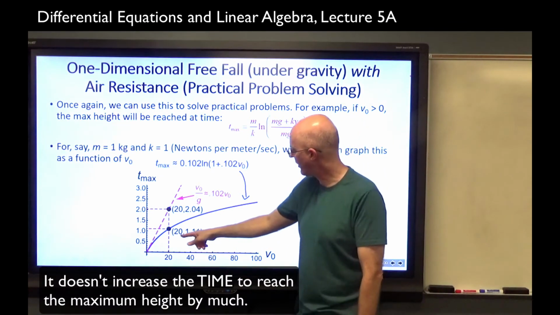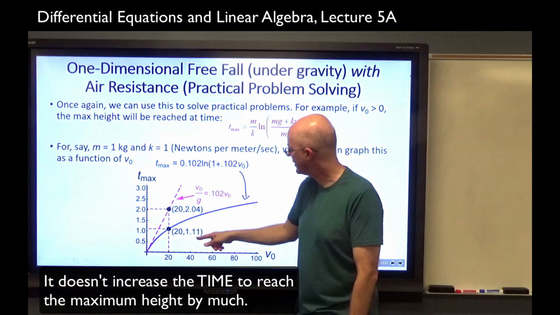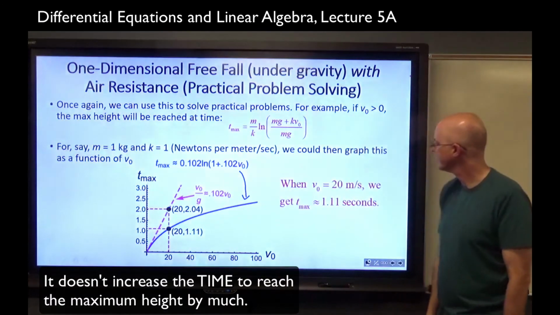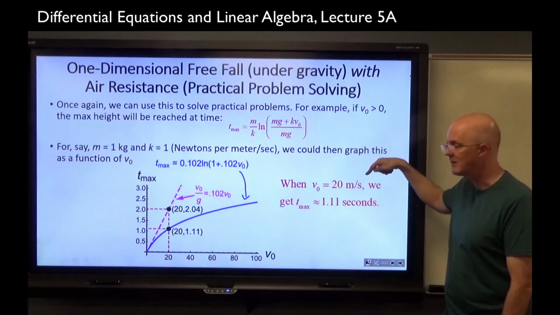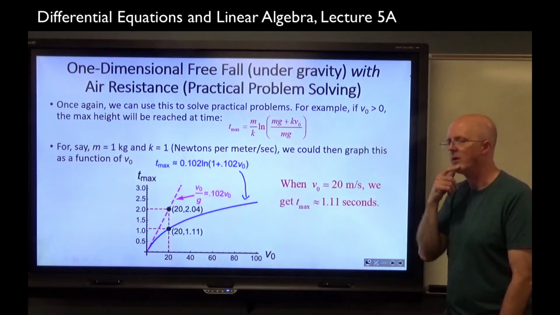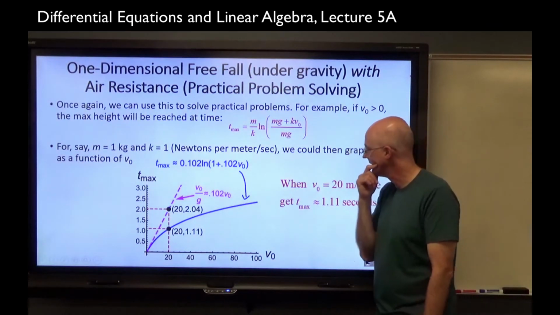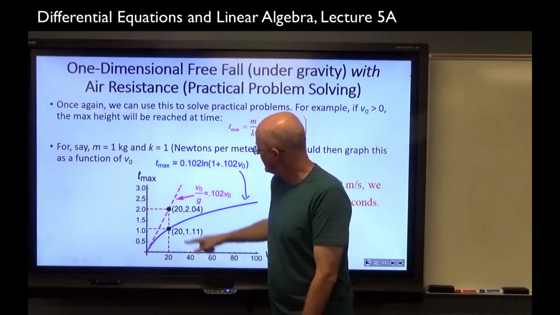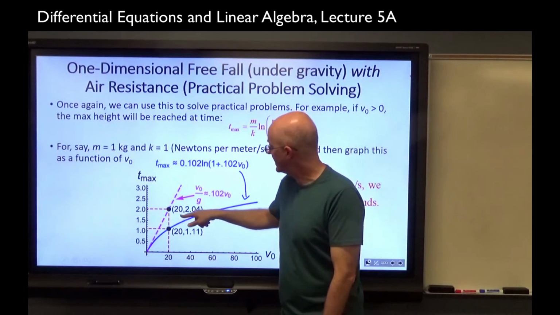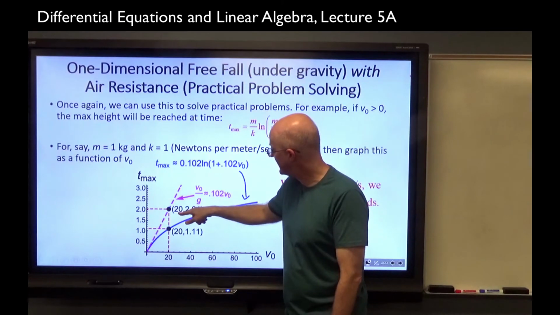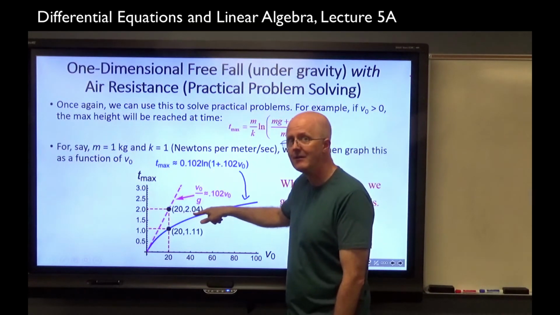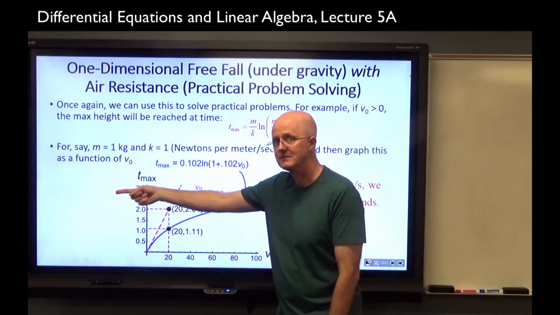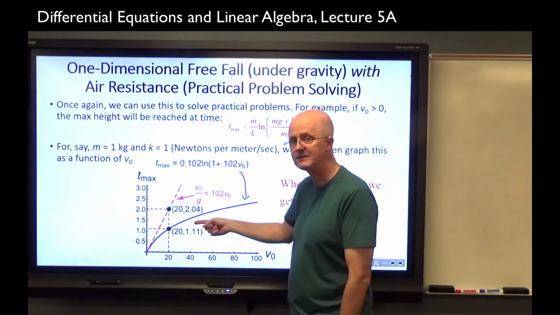This point right there turns out to be our prediction in a situation where the initial upward velocity is 20 meters per second. We predict it'll reach the maximum height in 1.11 seconds. This point right there was the prediction, based on the initial velocity, for when you reach the maximum height for the model with no air resistance, 2.04 seconds.